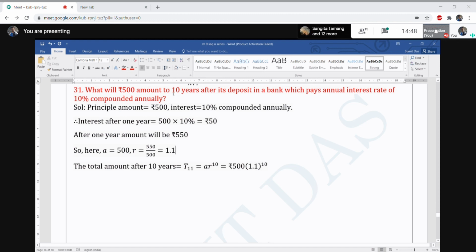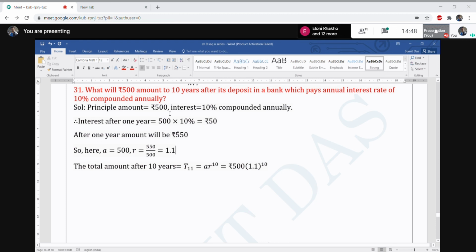Compound interest means, suppose in the first year the principal amount is 500 and the interest is 10%. So the interest after one year will be 500 into 10%, that is 50 rupees. After one year, that interest will be added to your amount, and next year the 10% will be on this new amount.